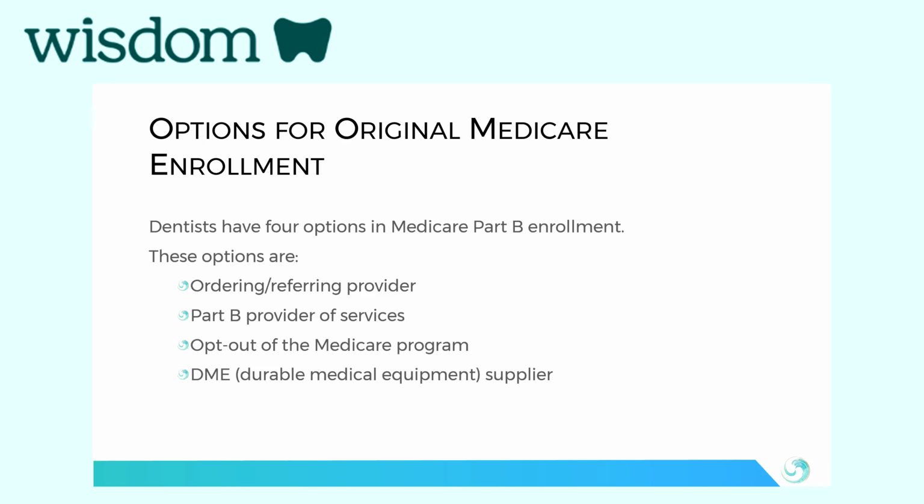So your practice essentially becomes the supply store, just like the store down the street that rents and sells canes, walkers, and wheelchairs. That's durable medical equipment. The durable medical equipment known as DME that you're supplying is that oral appliance to treat OSA. So these are the 4 options that we have for Part B enrollment for each provider and your practice.